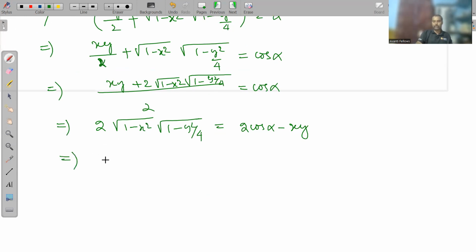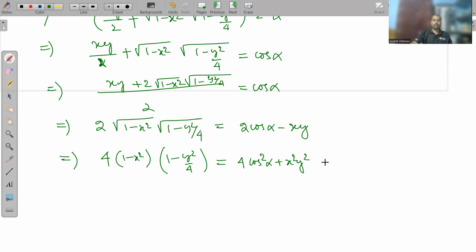If we take the squaring on both sides, this becomes 4 into 1 minus x square into 1 minus y square by 4, which is equal to 4 cos square alpha plus x square y square minus 4xy cos alpha.